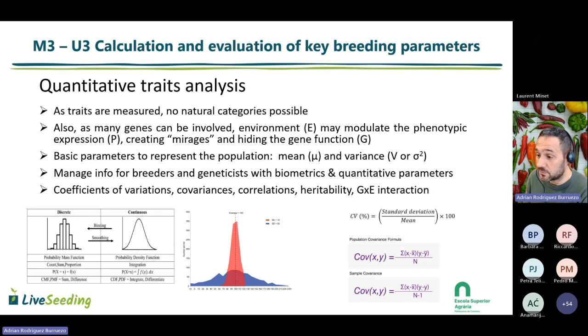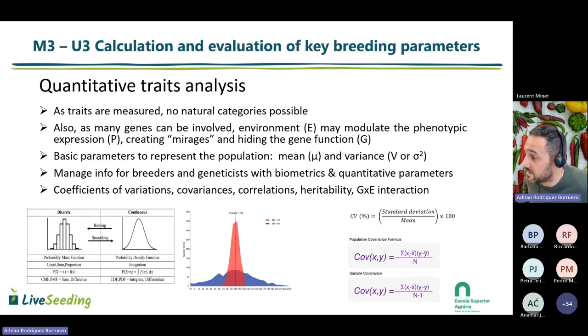So we have two populations speaking of the same trait, like yield, for instance, or fruit size, 100 grains per fruit. But in population one, the variation is very narrow, while in population two, the blue one, the variance, the diversity is wider.